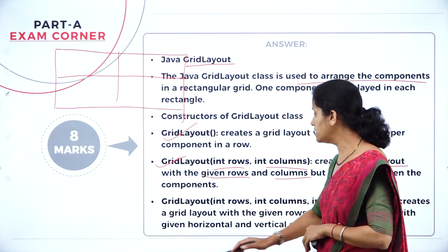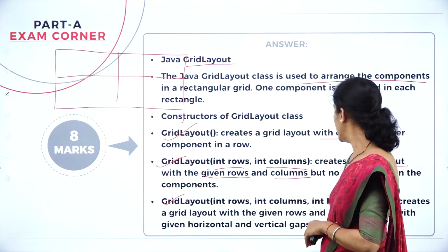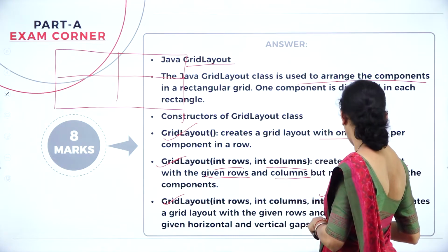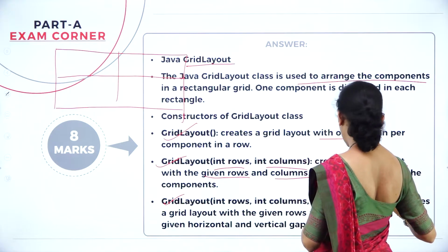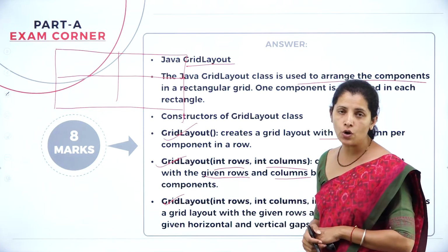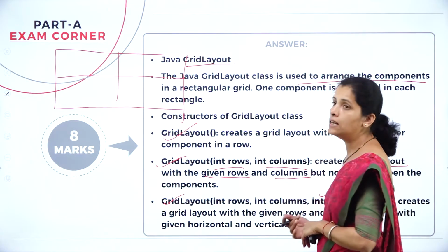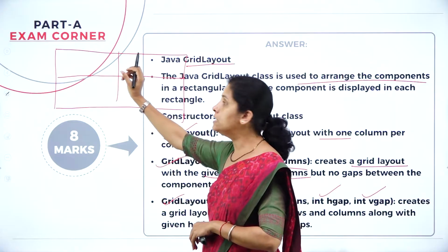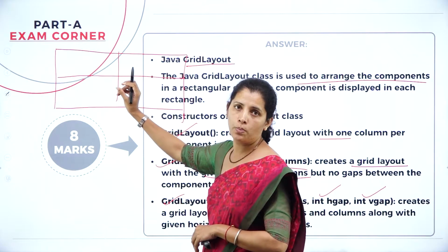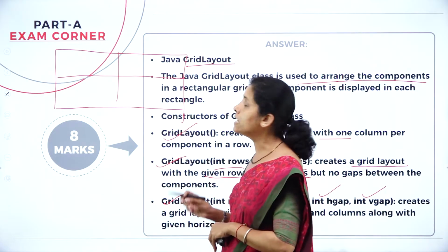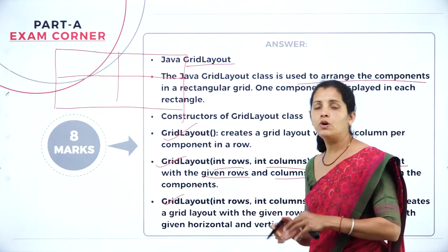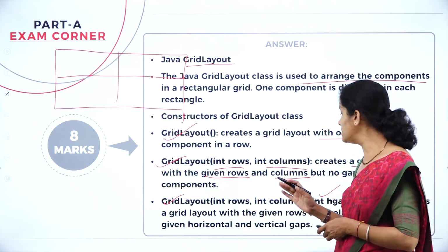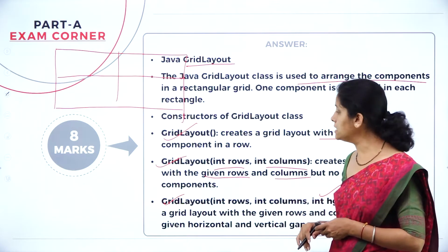Another constructor, grid layout int row, int column, int h gap and v gap. That is horizontal gap and vertical gap. In the sense, I want to specify the distance between 2 components in the grid layout. So I am able to specify row, column, horizontal distance as well as vertical distance.